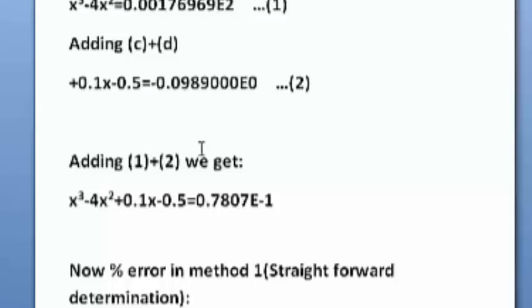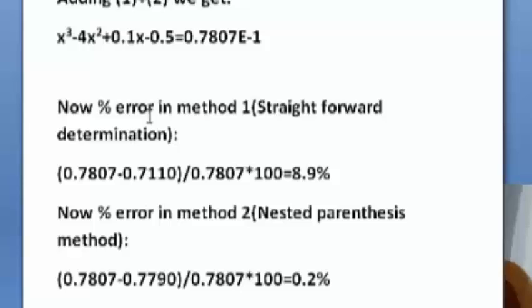which is different from the one we found using straightforward determination. Now the percentage error in method 1, straightforward determination, is calculated using the formula (0.7807 minus 0.7110) upon 0.7807 into 100, and solving this we get a percentage error of 8.9%.